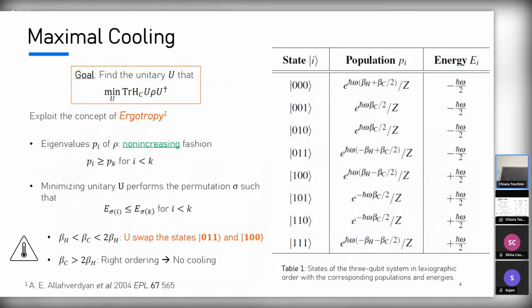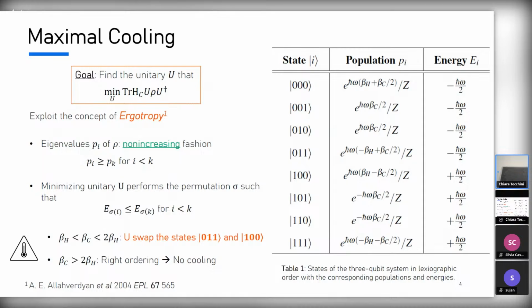So our goal is to find the unitary U that minimizes the final cold subsystem energy that is given by the trace of its Hamiltonian and the evolved state. To solve this minimization problem, we exploit the concept of ergotropy that was first introduced by Allahverdyan et al. in 2004.